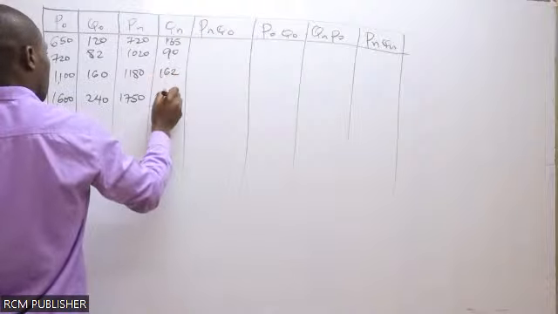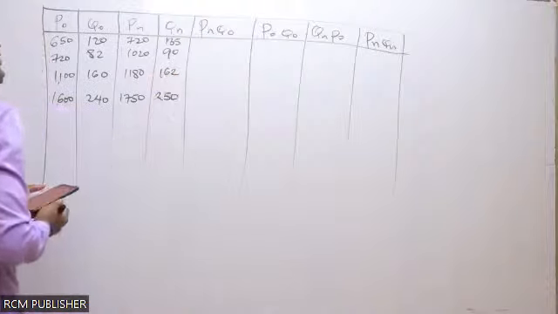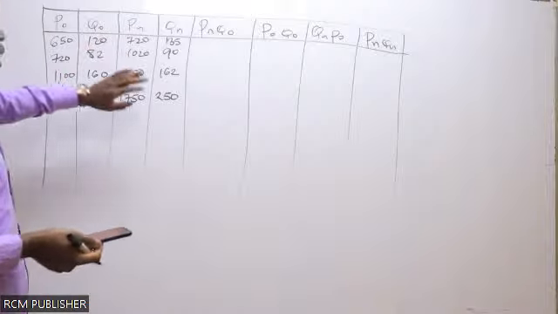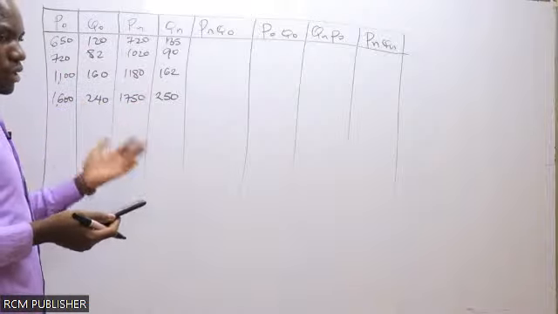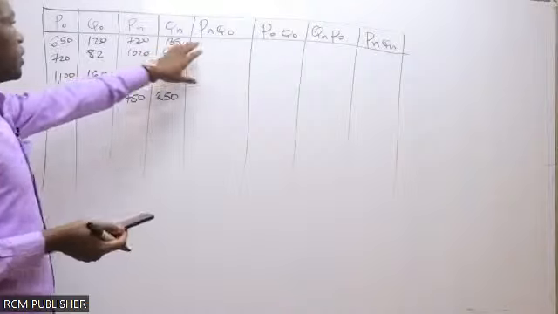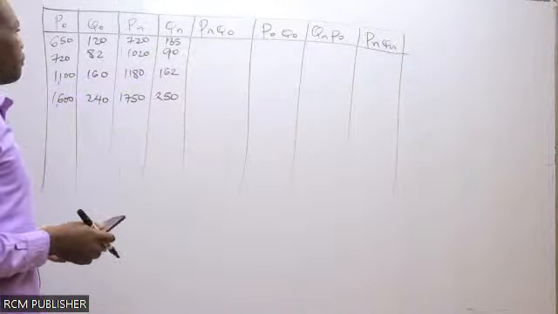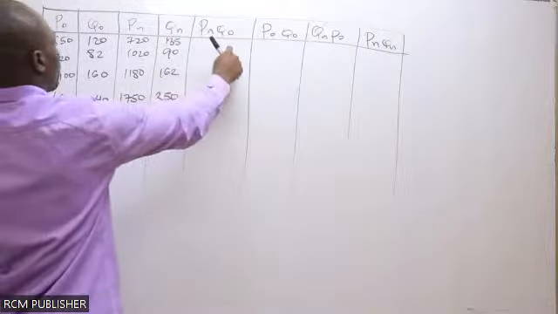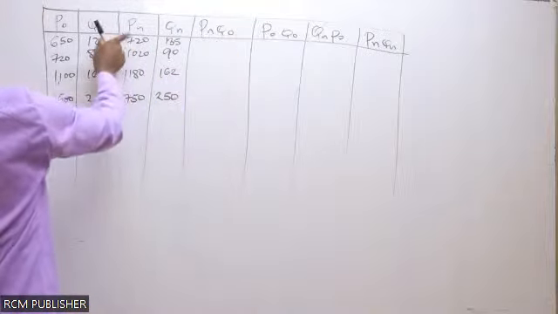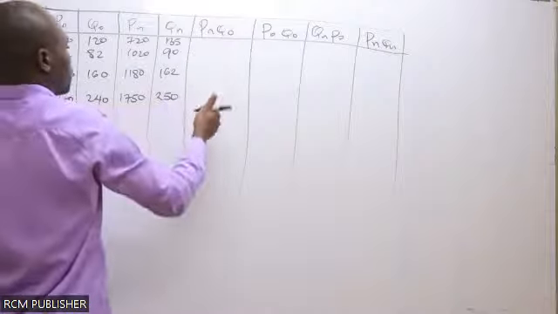So I want you to understand this. I want to just give you 2 minutes maximum. Calculate these values, then you just help me have them. Calculate PNQO. PNQO, you multiply this one to get the value.